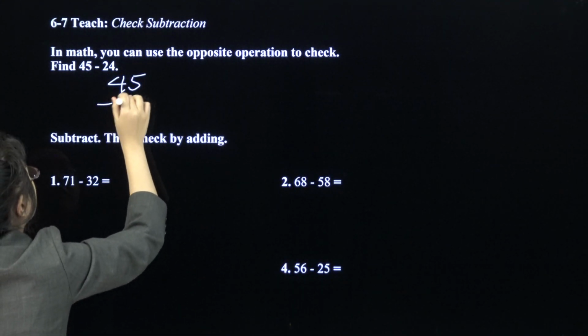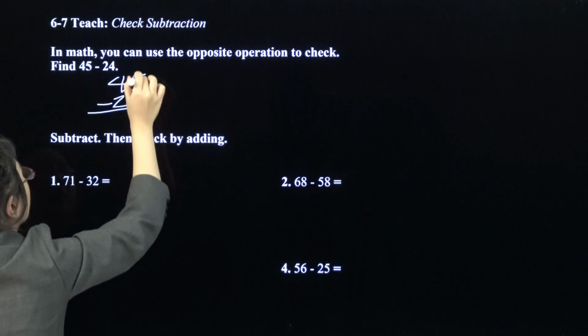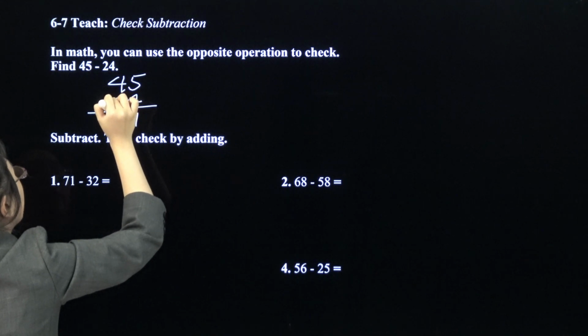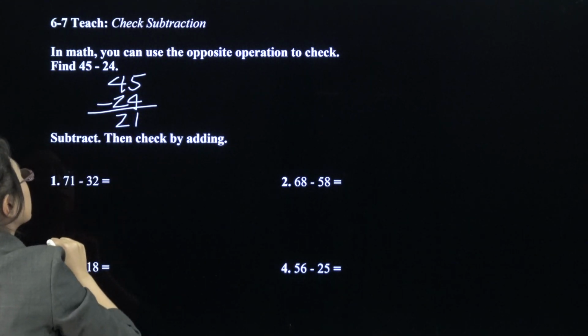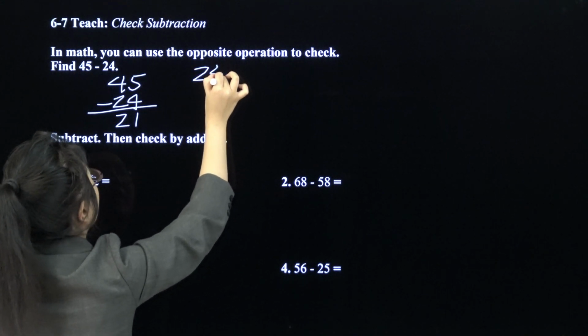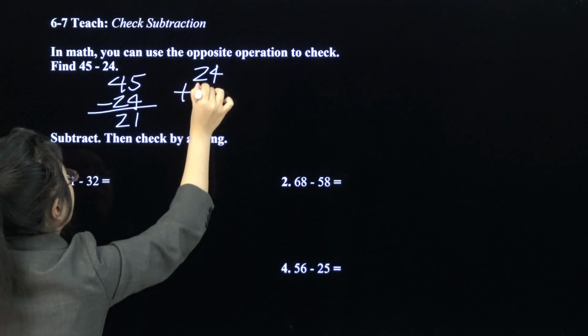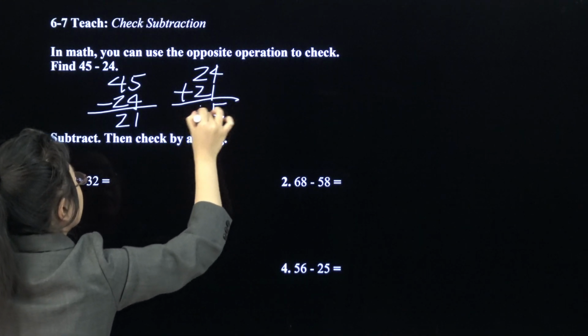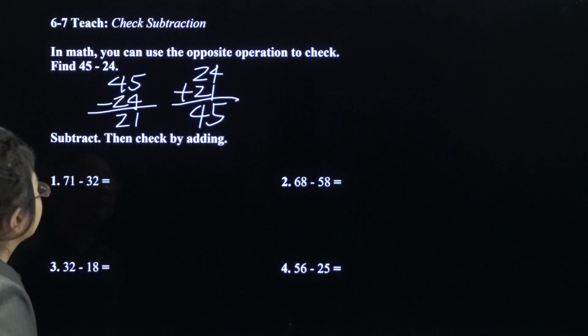45 minus 24. Okay, so 5 minus 4, 1, 4 minus 2, 2. Okay, how do we check this? So we take 24 and we take our answer, 21, and we add them. And we get 45.